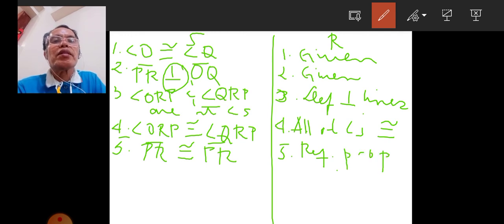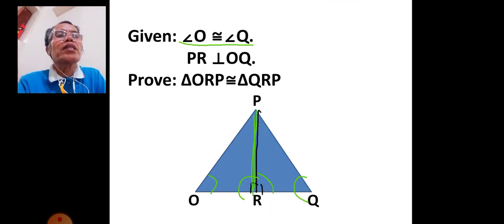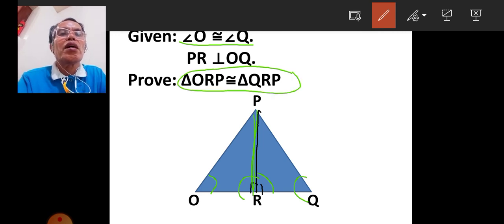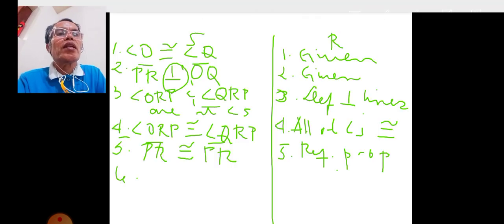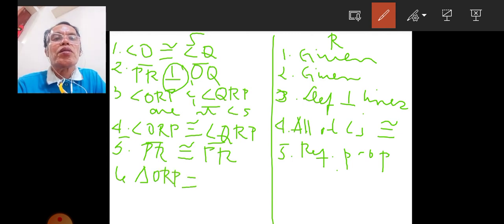So the last statement must be the one that we are going to prove. That is triangle ORP is congruent to triangle QRP.